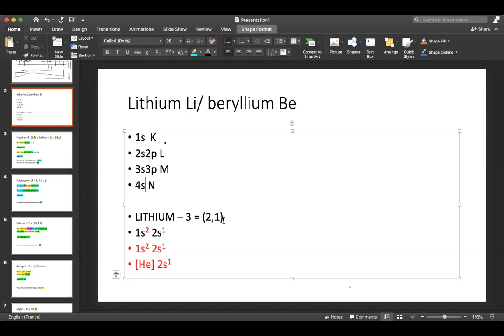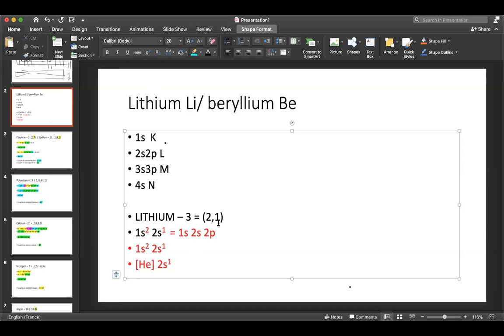So now I said, for those that were here in the morning, when you're doing your configuration, you say 1s, 2s, 2p. Lithium has 3 electrons.